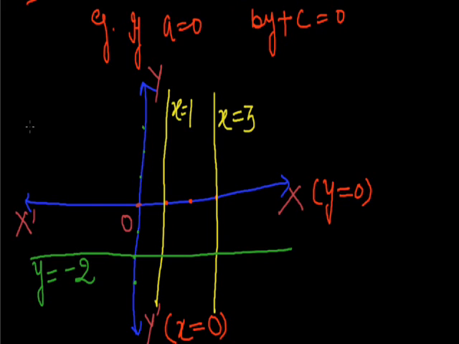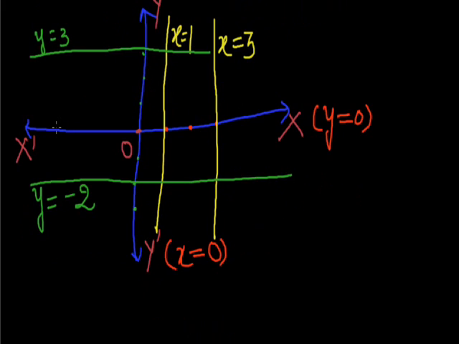And similarly this is the line y equals plus 3. This is how we can draw the lines which are parallel to the axis.